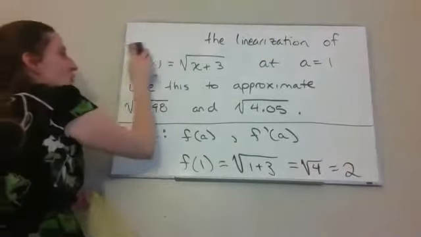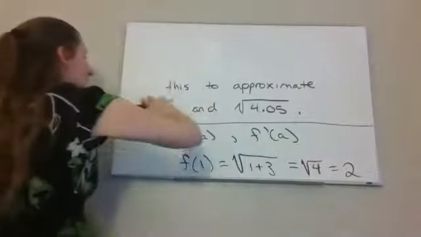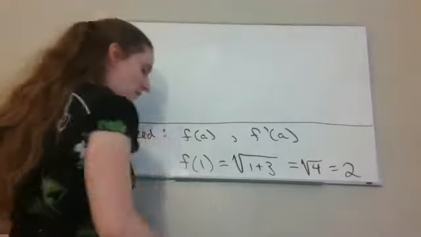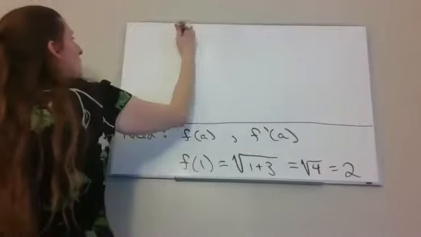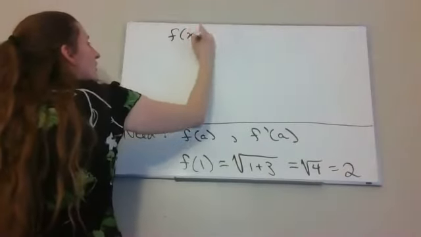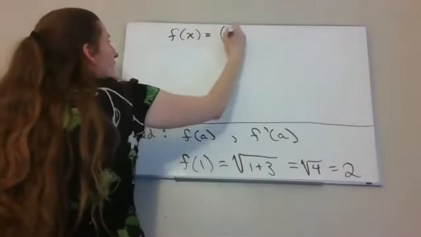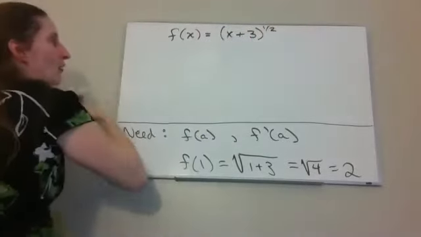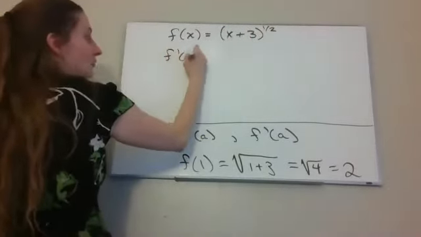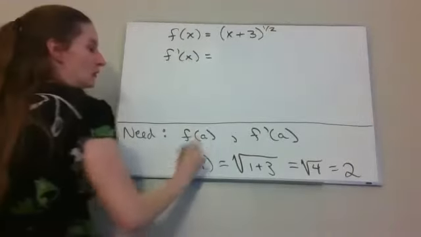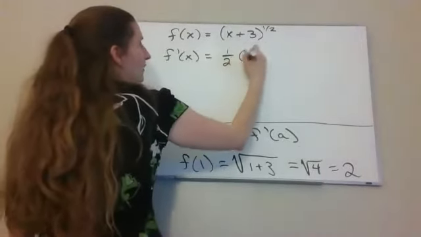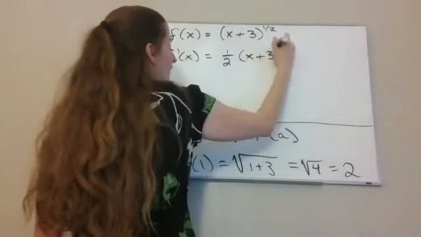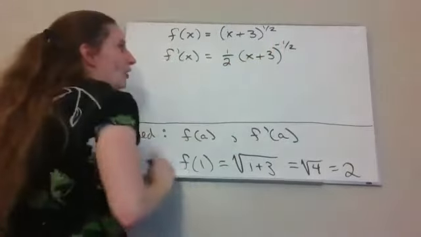Now I need to find the derivative at 1 so that I have my slope. So remember, the function was the square root of x plus 3. I'm going to rewrite that as x plus 3 to the 1/2 power. Now when I find my derivative, I can use my chain rule. 1/2 comes down. My new power is 1 smaller, so it's negative 1/2.